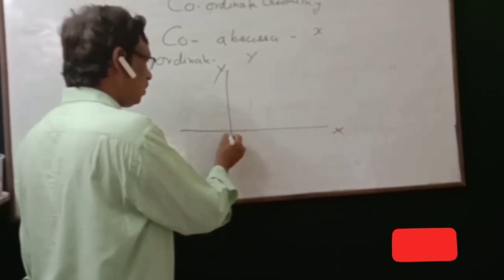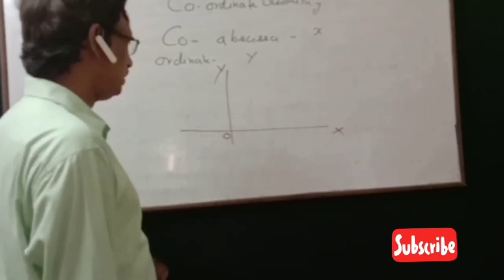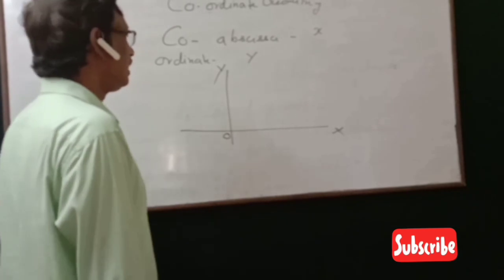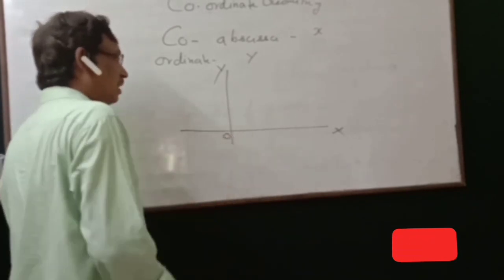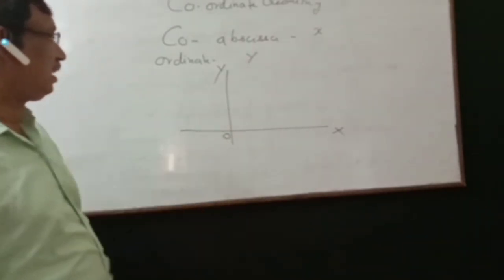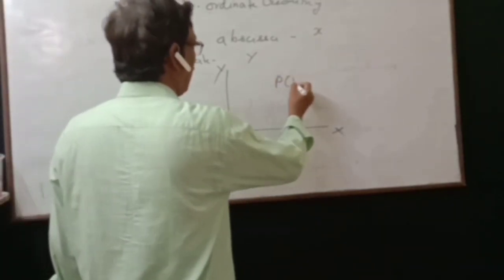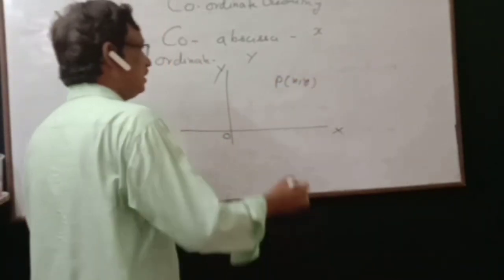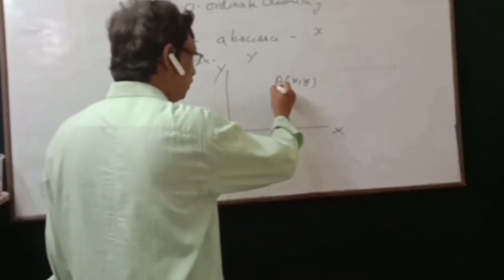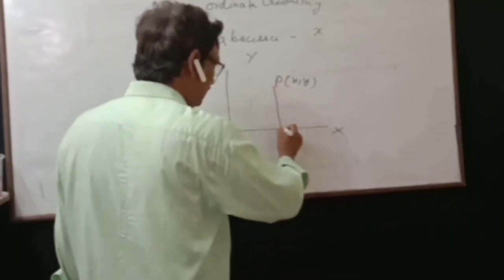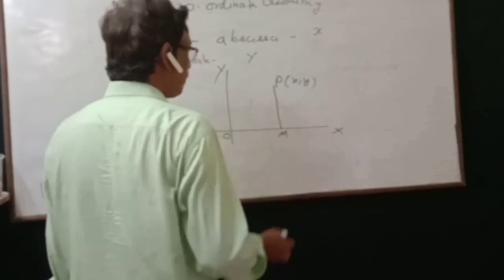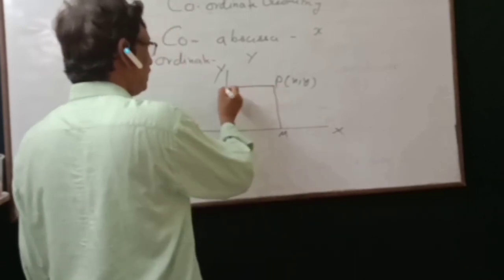Two mutually perpendicular lines meet at the origin O, which is also the initial point. If we take P as (x, y), then draw perpendiculars from P to the x-axis, that is PM, and to the y-axis, that is PN.